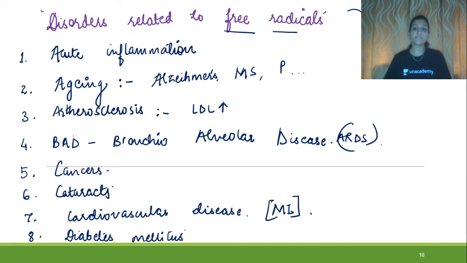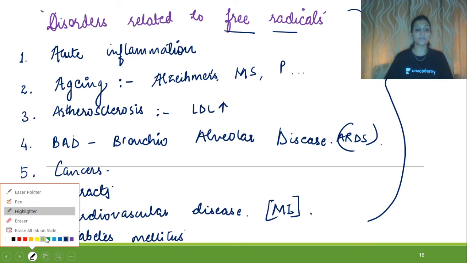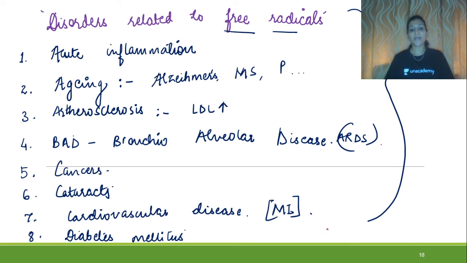Now we have seen almost everything. What is the thing which will actually cure these disorders, or how do we reduce them? Is there anything? The thing which reduces the effect of all these free radicals is antioxidants.